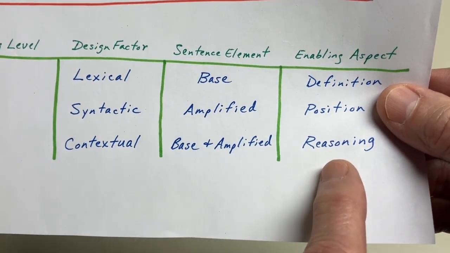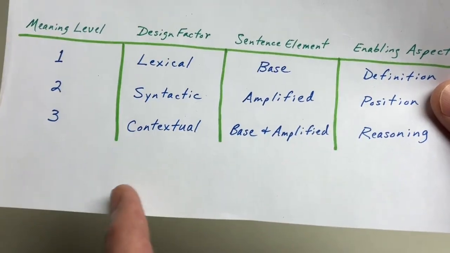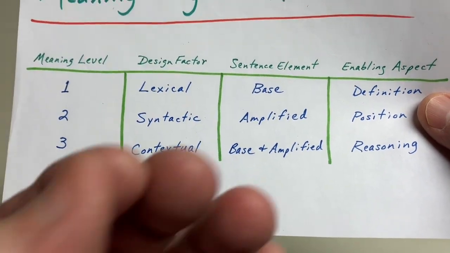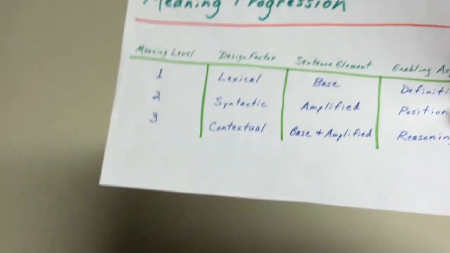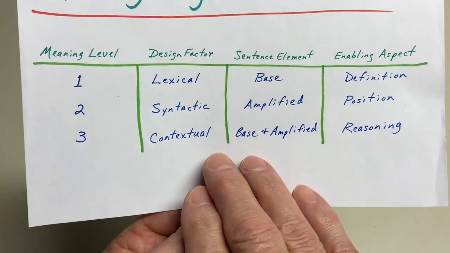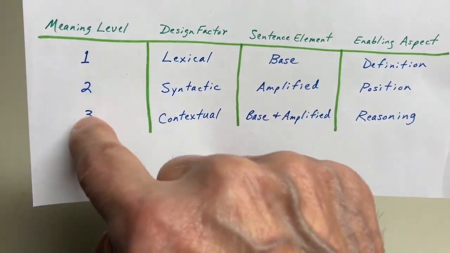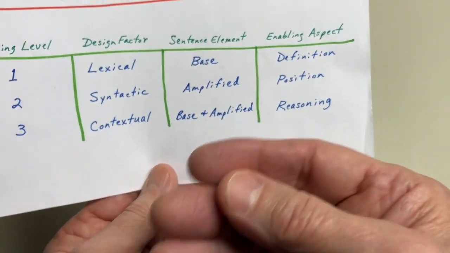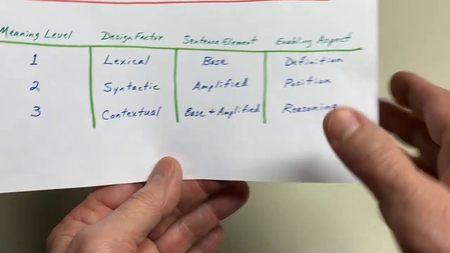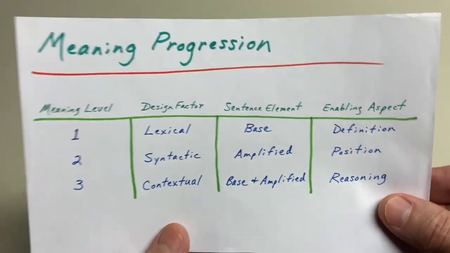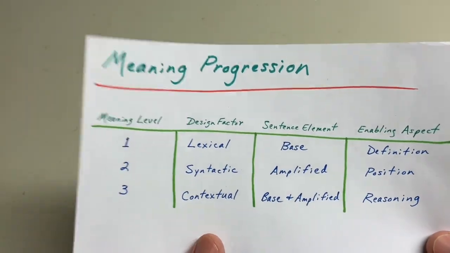You're just basic reasoning. Now, there are even higher levels, and I call them meta, which means beyond. At the meta level, somebody says something, and you perceive in that something a double or triple entendre, but that's very deep. I won't go into that now. So that's your meaning progression.